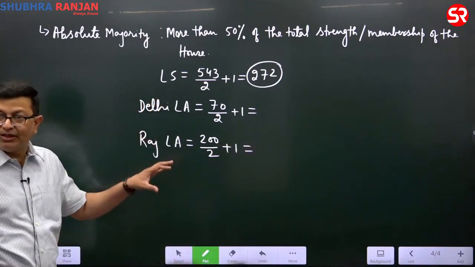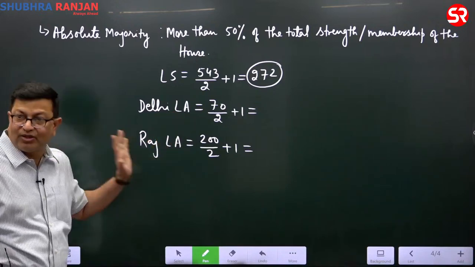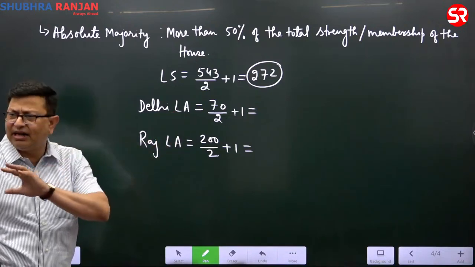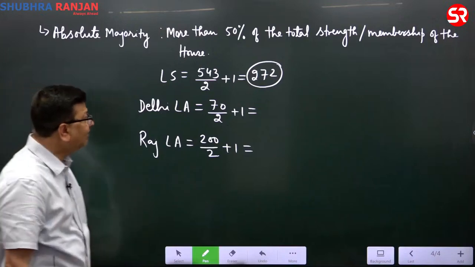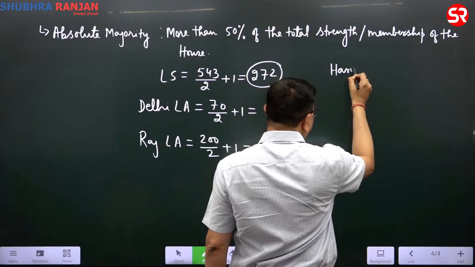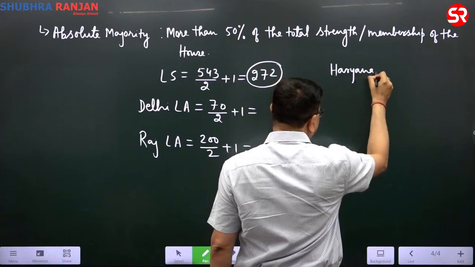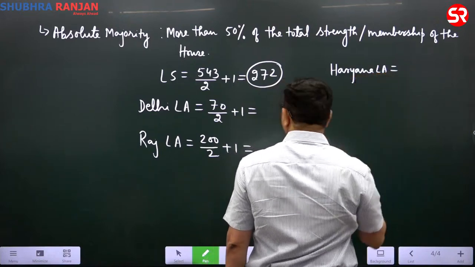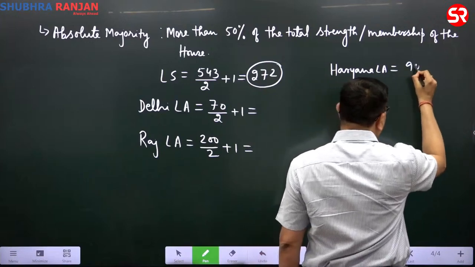तो जिस हाउस में मेजॉरिटी चाहिए वहां पे डिवाइडेड बाय 2 plus 1, whether you are absent, present, it hardly matters. Then in Haryana Legislative Assembly, it will be 90 divided by 2 plus 1.